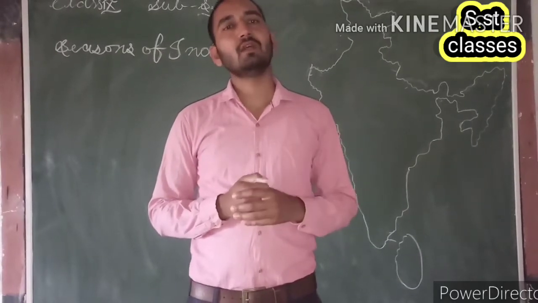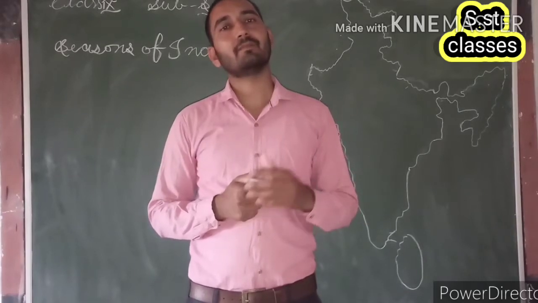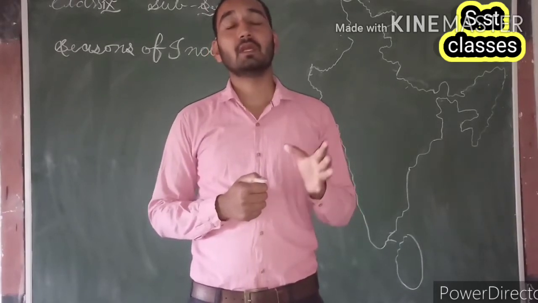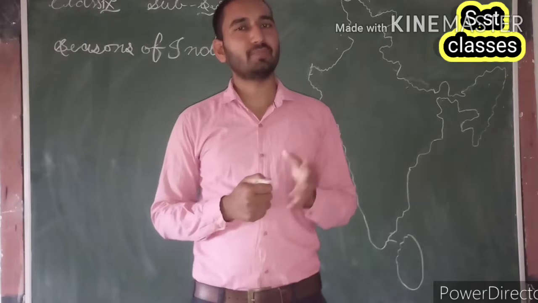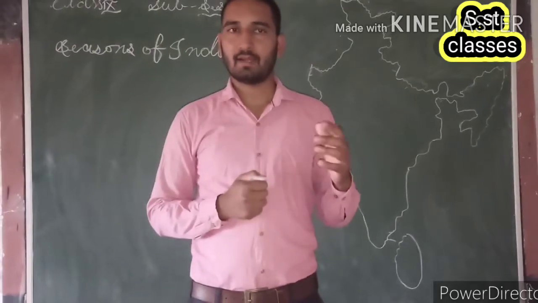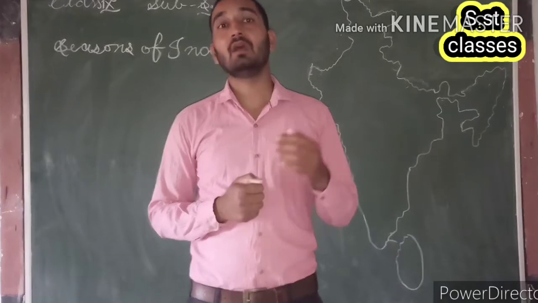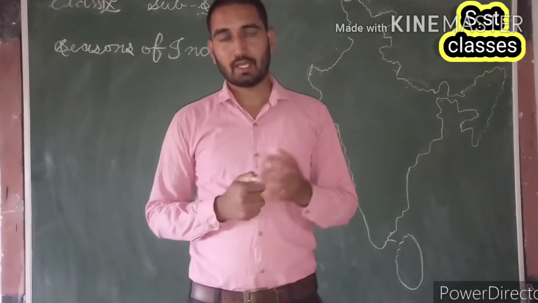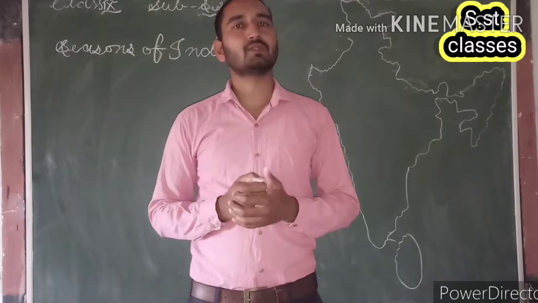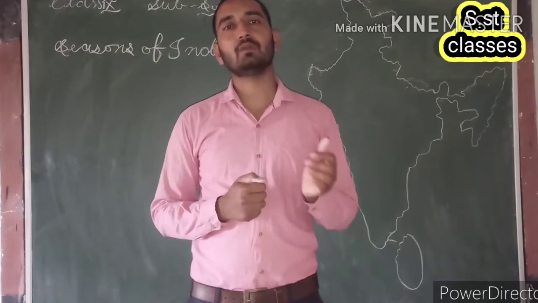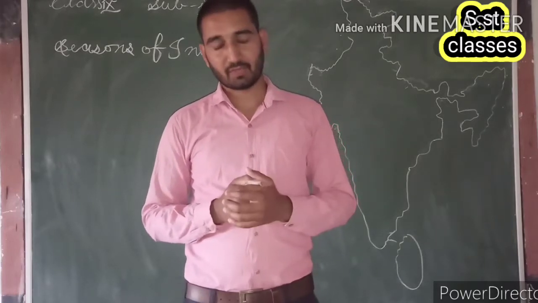And we also discussed that the Indian climate is affected by the pressure system, under which we discussed the Southern Oscillation and El Nino. And in the last, we discussed ENSO, El Nino Southern Oscillation.